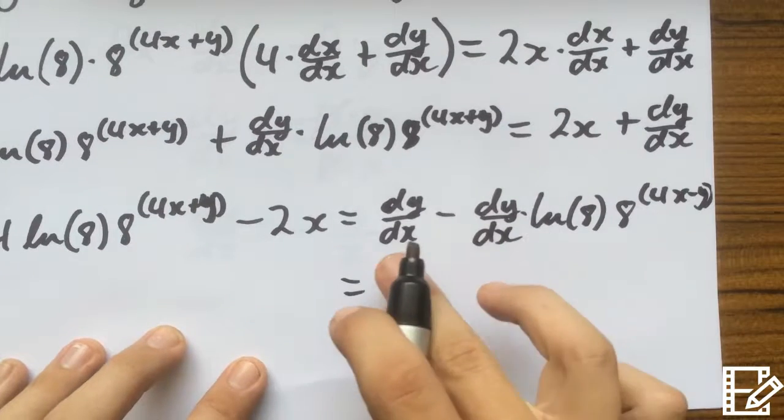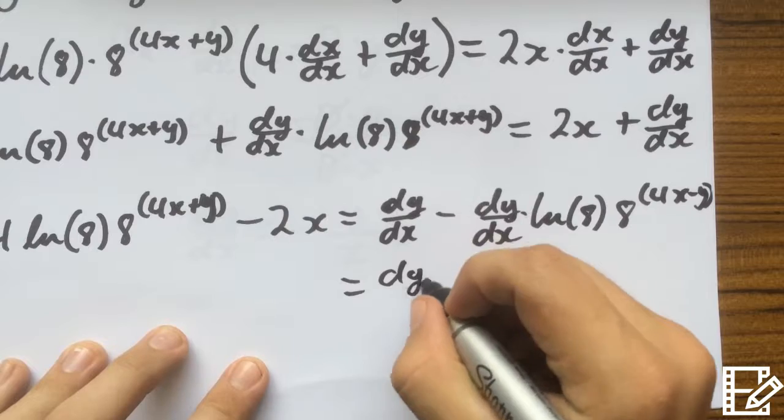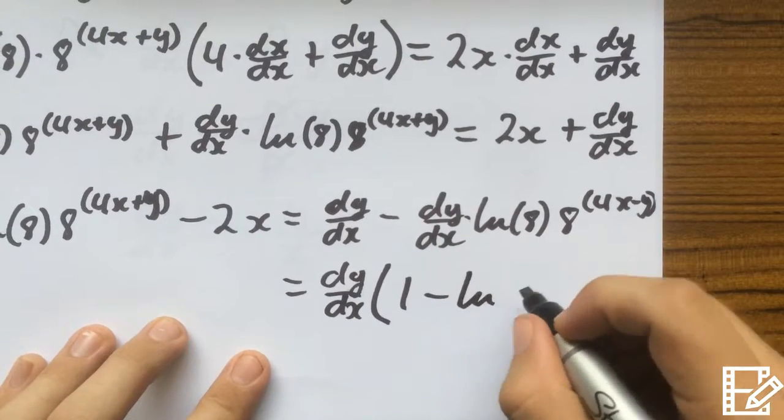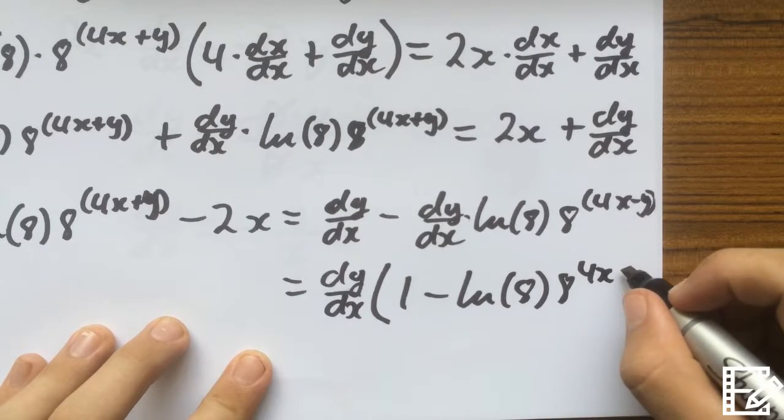Next step, we're going to factor the dy over dx out from both of these, so we're left with dy over dx multiplied by 1 minus ln of 8 to the power of 4x plus y.